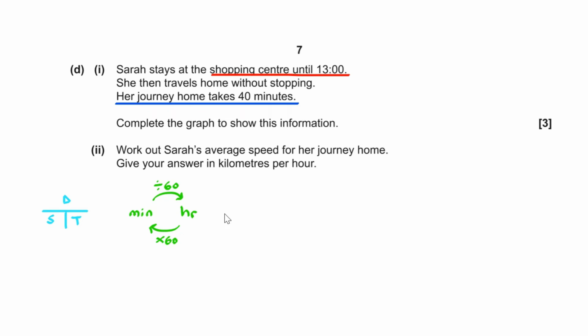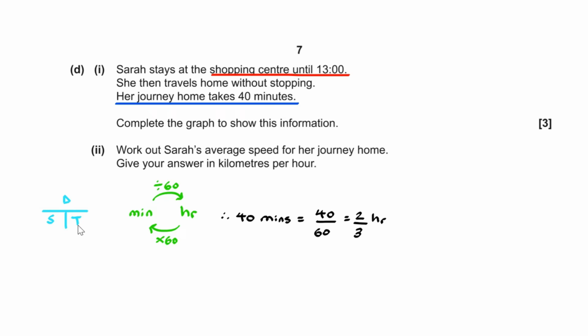So therefore, 40 minutes is equal to 40 divided by 60, which is 2/3 of an hour.